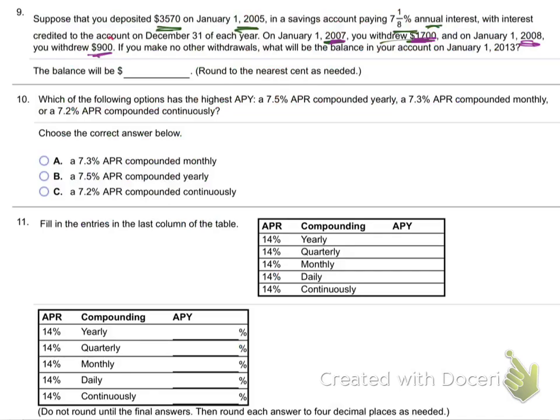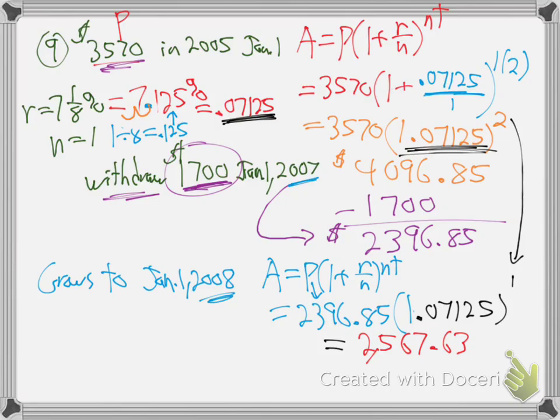At that point, in 2008, you withdraw 900. So I've got to take that number, 2567.63, and subtract 900.